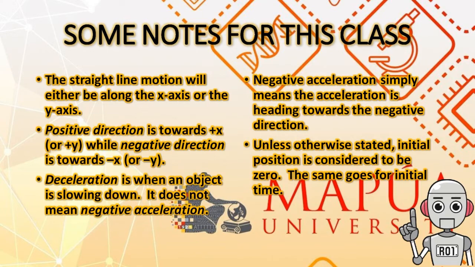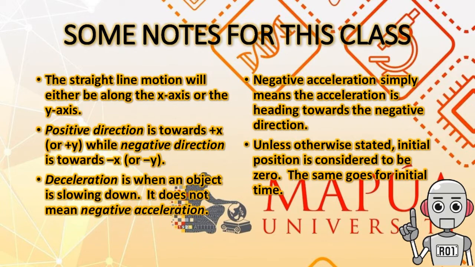And for an object to slow down, that means that the direction of the acceleration is opposite that of the motion of the object. For example, if the object is moving towards positive x and is decelerating, the acceleration is heading in the negative x direction.